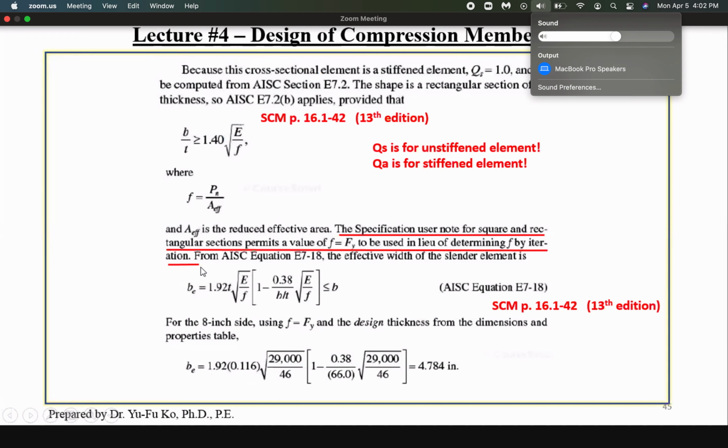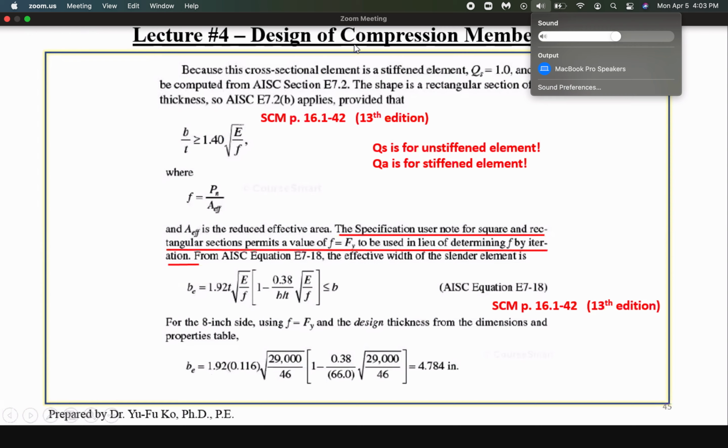But this number should be less than or equal to the original length of the elements. Because this is reduced width, and b is the unreduced length of the element. And here, if you assume f equal to Fy, then all this number here, you're just plugging in Fy.